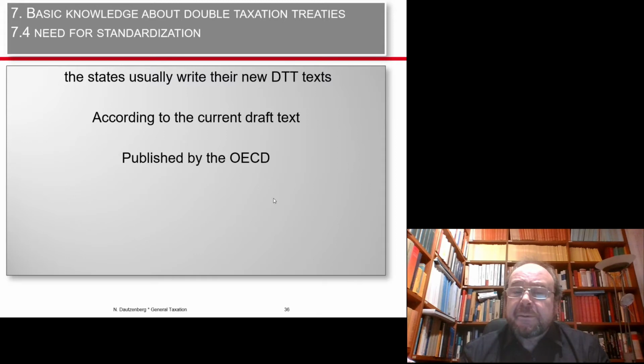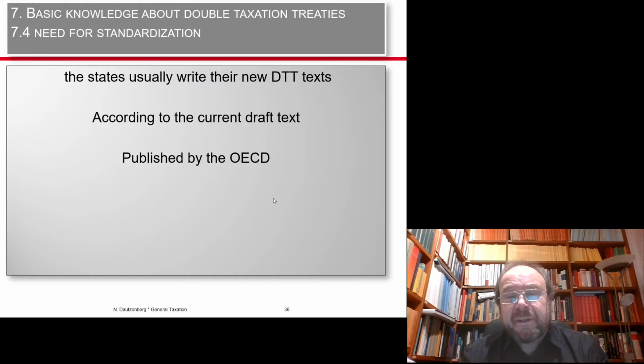And so when the ministries then negotiate a new double taxation treaty text, they usually take the OECD model text as a first starting draft and only modify the things which they think, in our bilateral relationship, this aspect must be modified, or there must be an additional paragraph for a problem which the OECD didn't see.